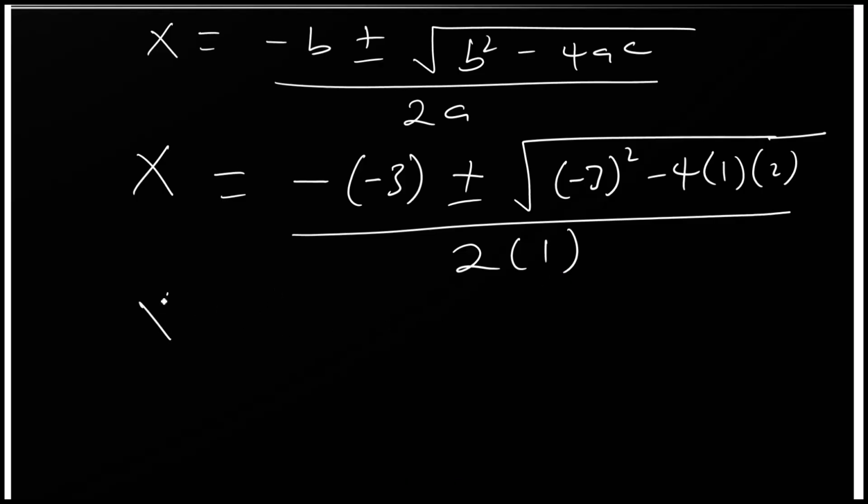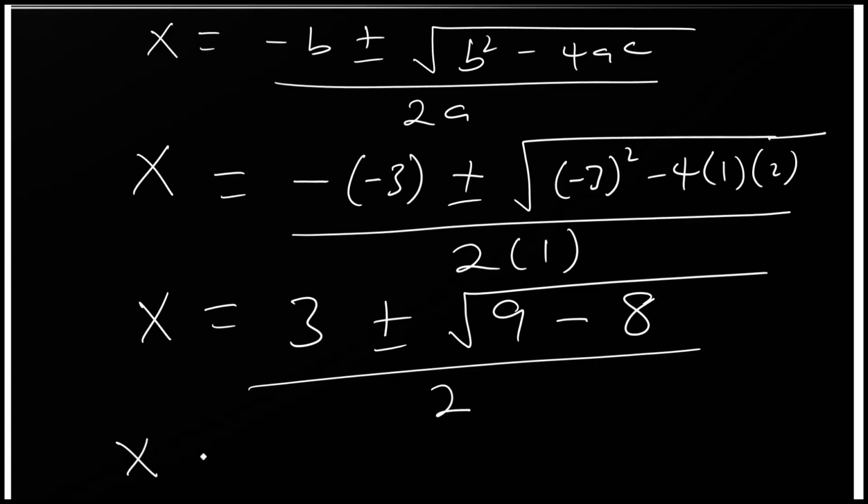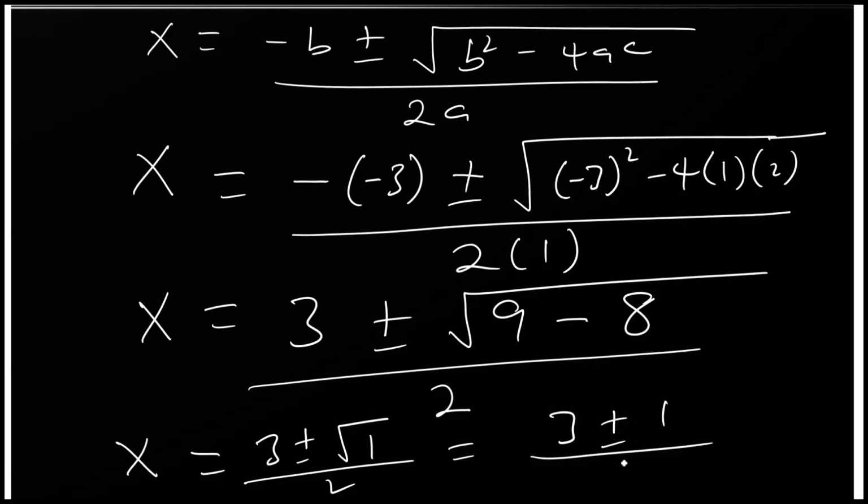So we have 9 minus 8, on 2. So we have x equals 3 plus or minus square root of 1 on 2. So we have 3 plus or minus 1 on 2.